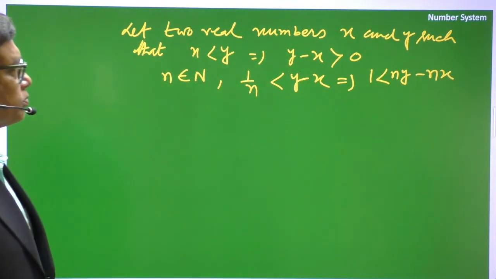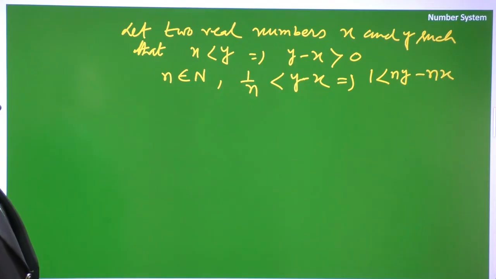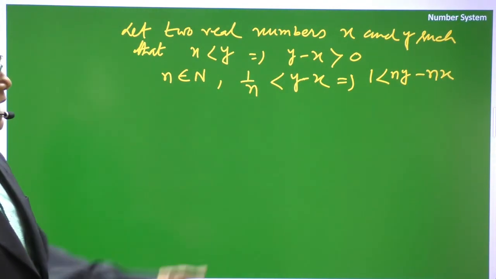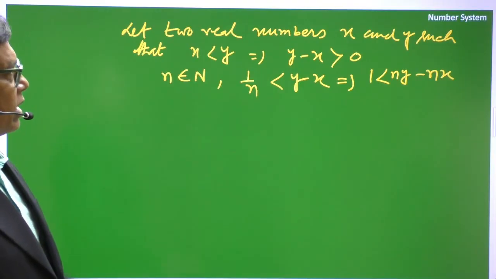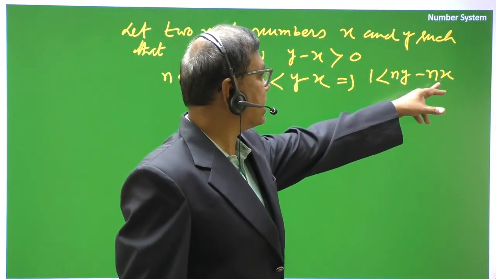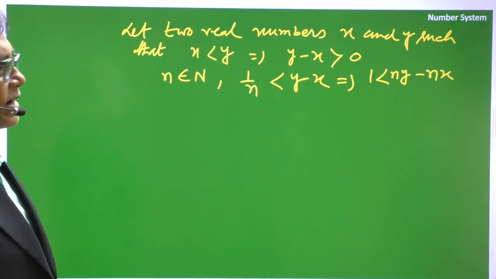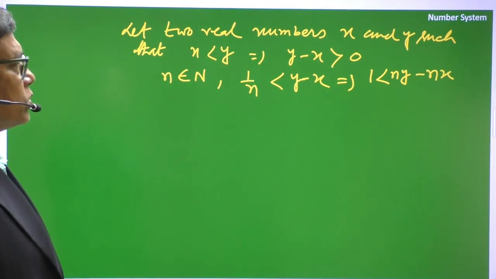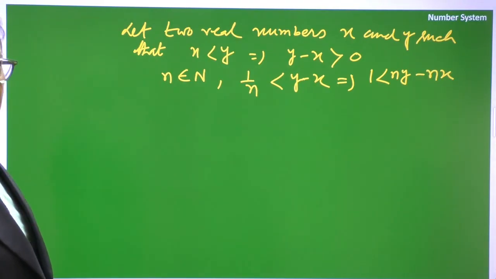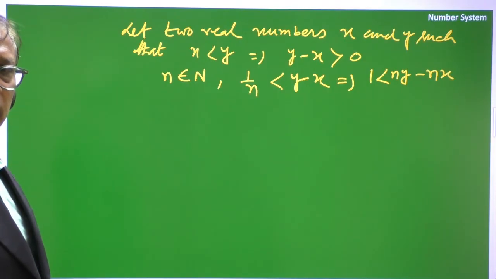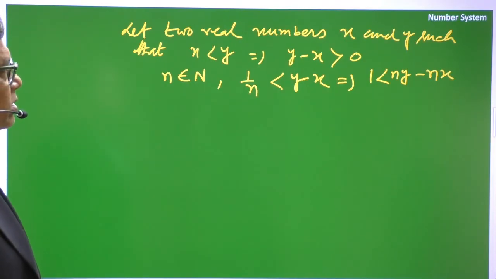Yes or no? So that means the difference between ny and nx is greater than 1. Ny minus nx is greater than 1. So since the difference is greater than 1, in between nx and ny there exists at least one integer.